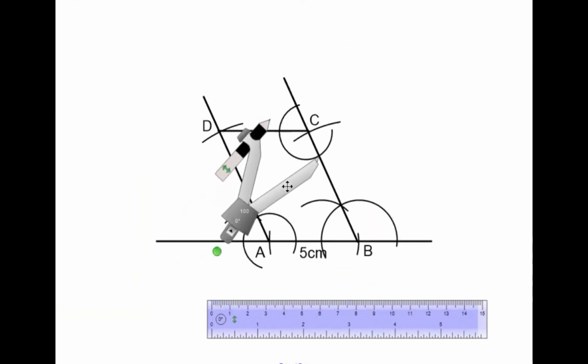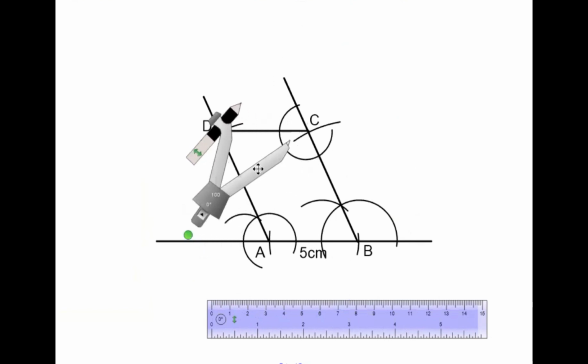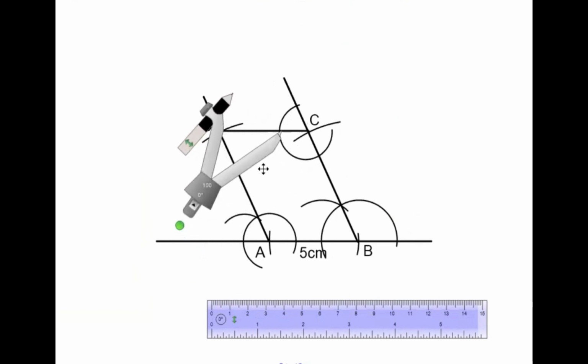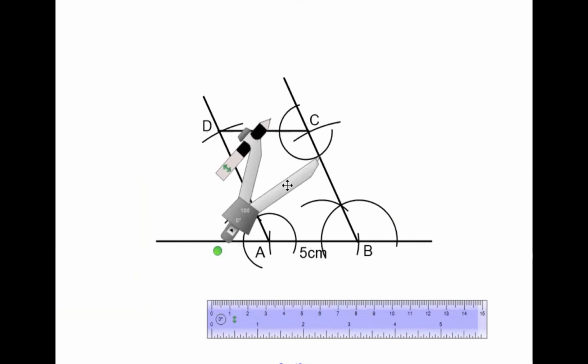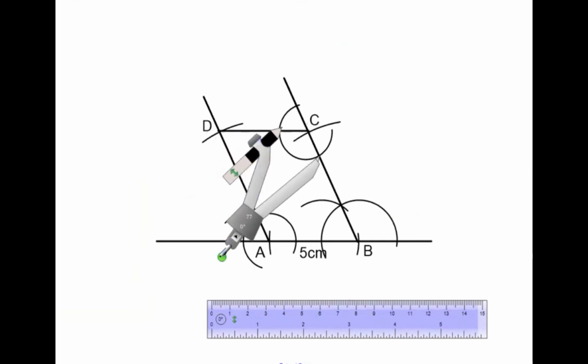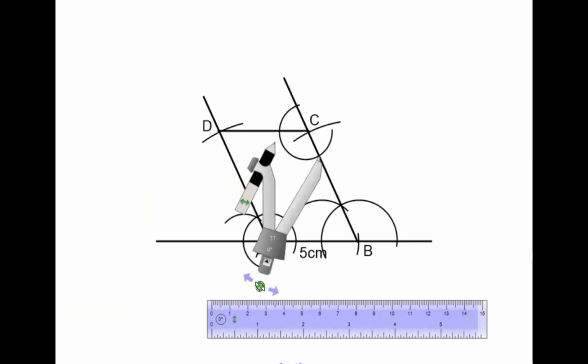Stand here and here as each of the center. So when you stand here with a convenient radius, you want to construct an arc.